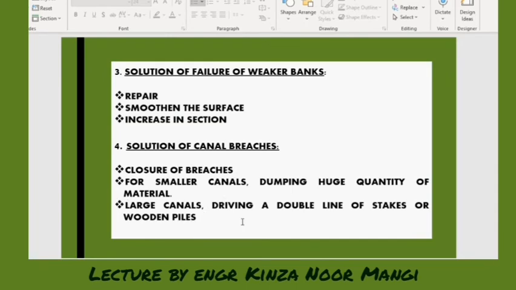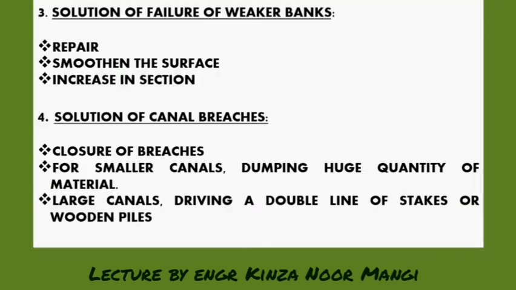Now this method works in this way, let me show you. If this is a canal cross section and the crack is somewhere here, then we will first try to stop the water, and also close the water from the head.